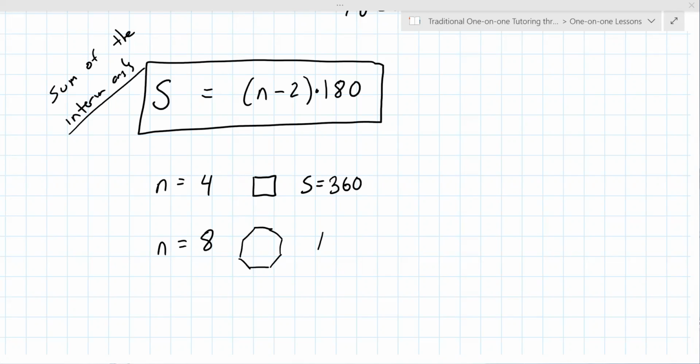Are you using a cell phone calculator? Okay, well, I'm doing it, so let's just do some mental math here. 8 minus 2 is 6. And I just want you to take 6 and multiply it by 180. That's all. Clear it out. 6 times 180.